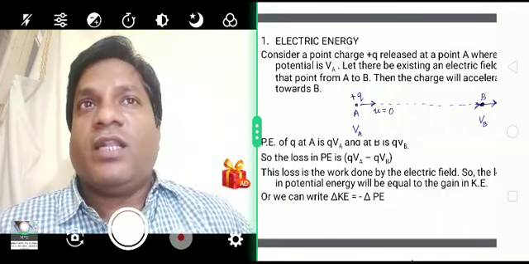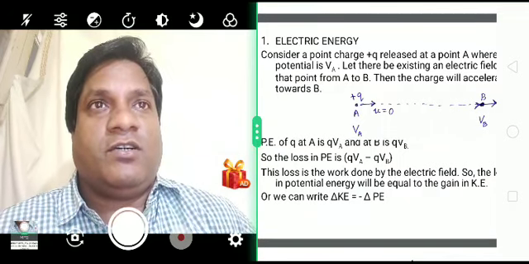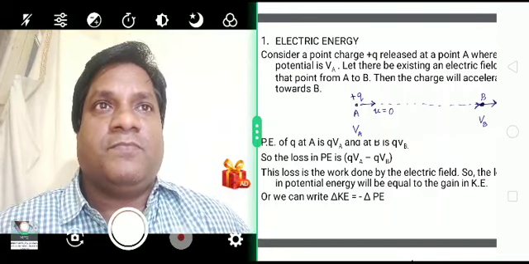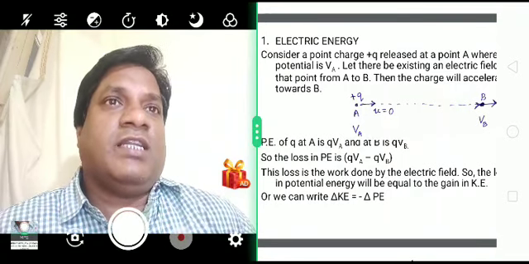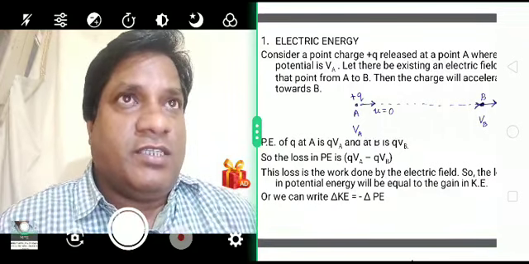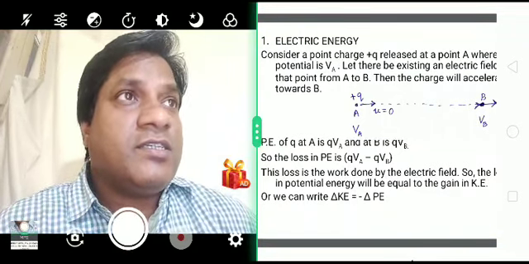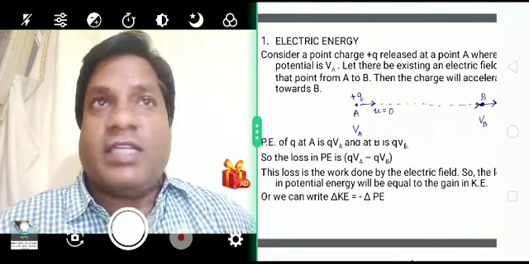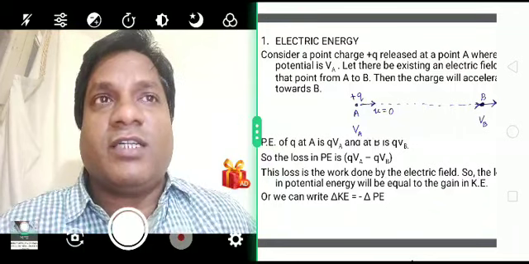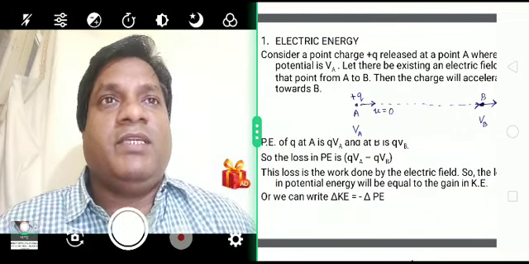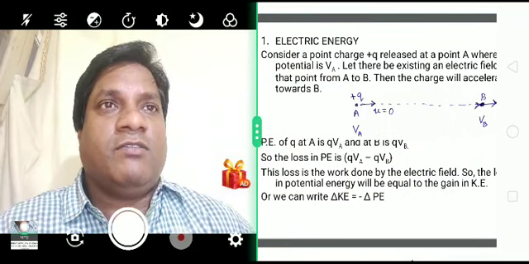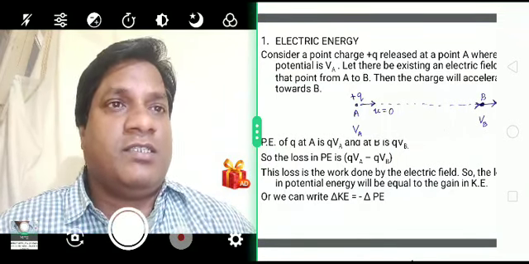So the total loss in potential energy of the charge, which is Q into (VA minus VB), will be equal to the gain in kinetic energy, because the charge will accelerate from A to B. So minus delta PE will be equal to the gain in kinetic energy, that means delta K. The negative sign represents that the potential energy is decreasing.